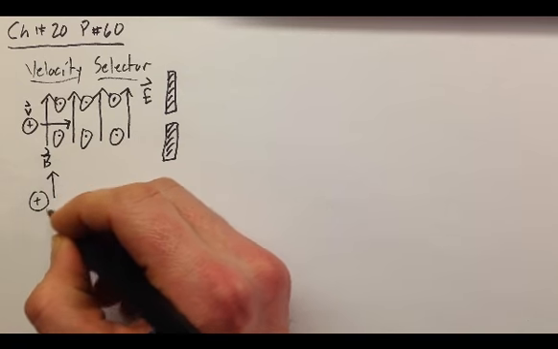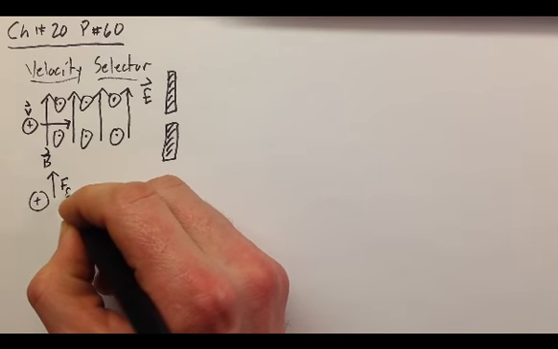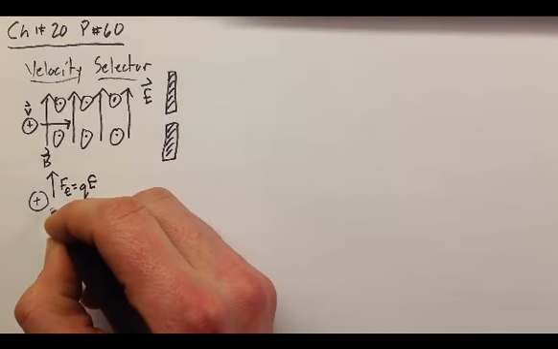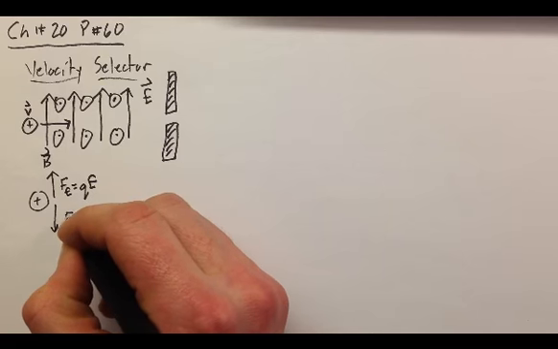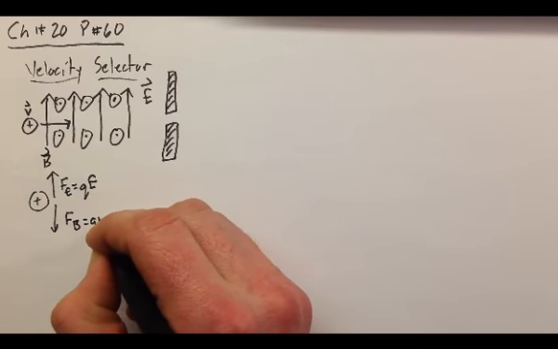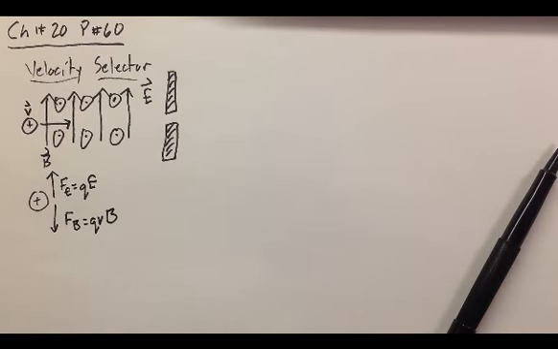Well, since this is a positively charged particle, there would be a force up on this particle due to the electric field, right? And there would also be, in this case, a force down on the particle due to the magnetic field. Why down? Well, because of the right-hand rule, right?